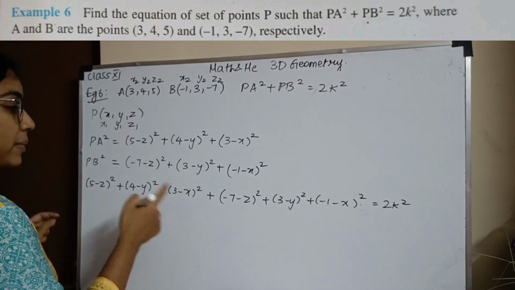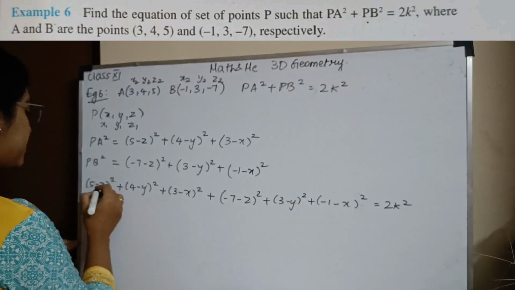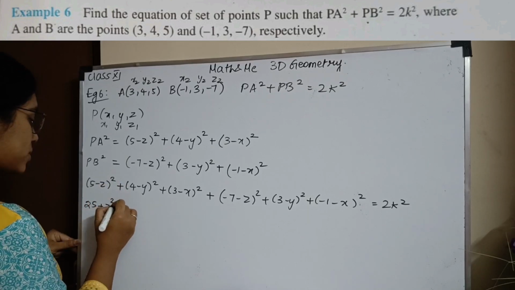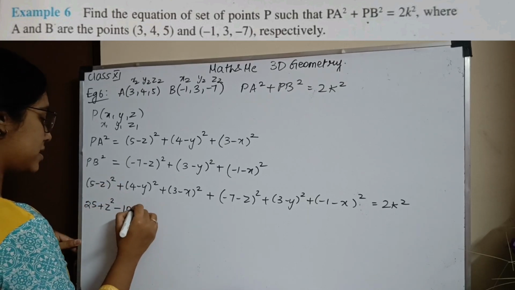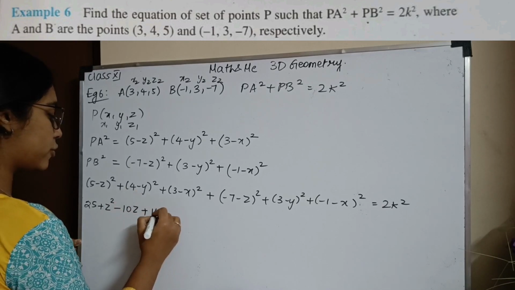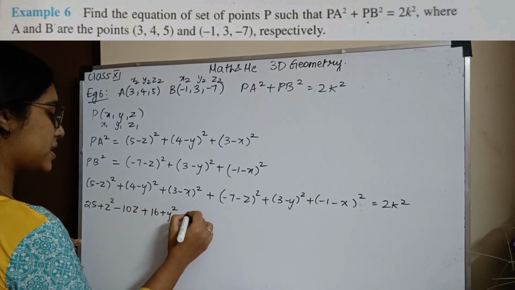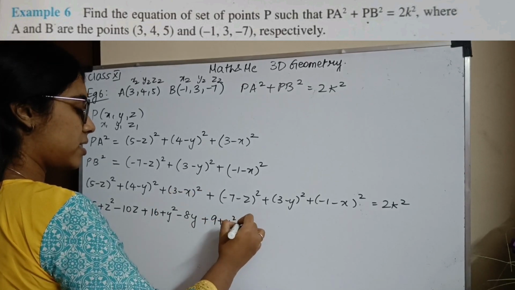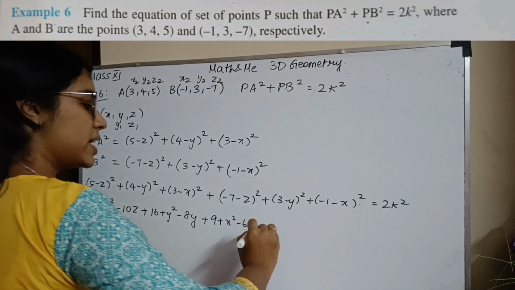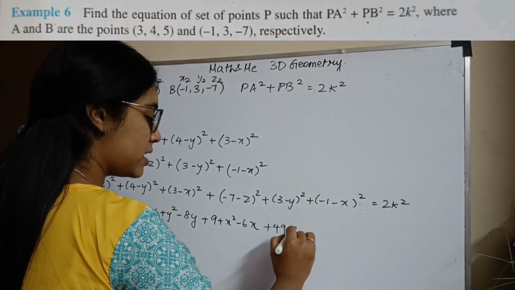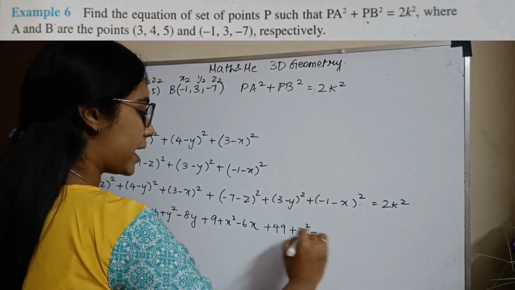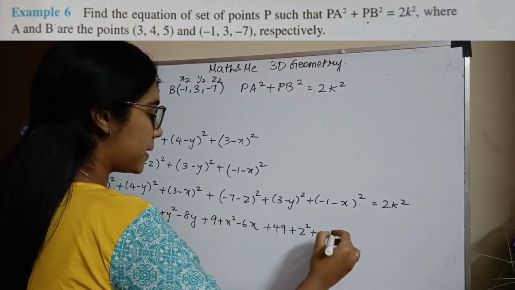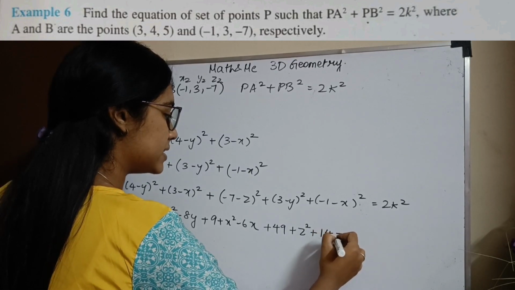Okay. So using the (A minus B) whole square formula, I'm going to open them. 5 minus Z the whole square will be 25 plus Z square minus 10Z, plus 4 minus Y the whole square: 16 plus Y square minus 8Y, plus 3 minus X the whole square: 9 plus X square minus 6X. Now the next term: plus 49 plus Z square minus 2AB, which will be 2 times minus 7Z, so plus 14Z.